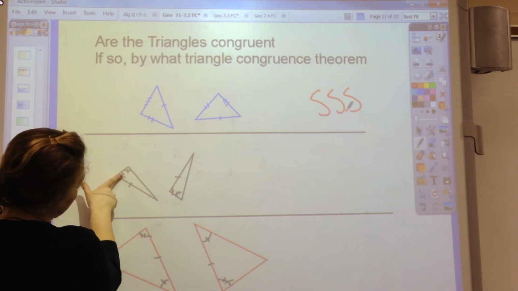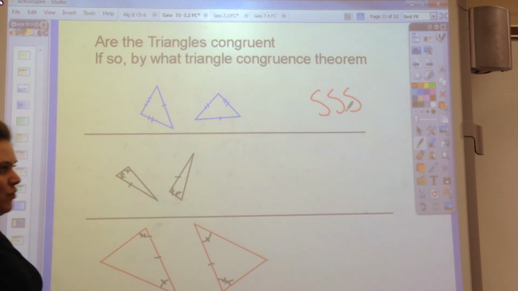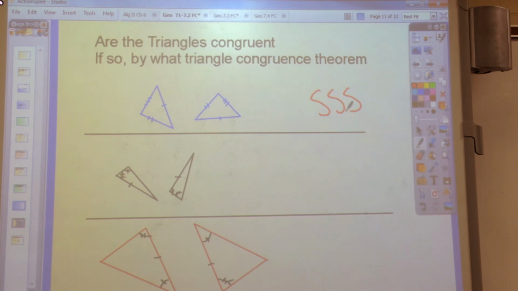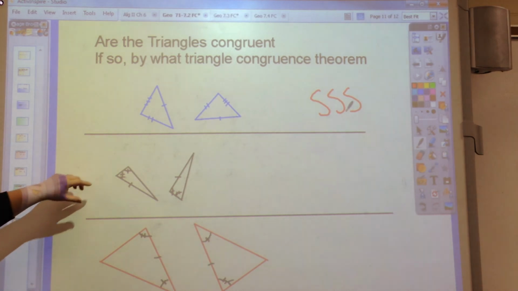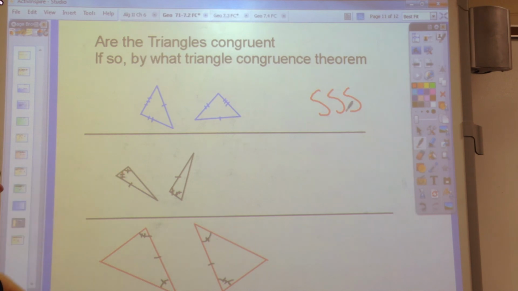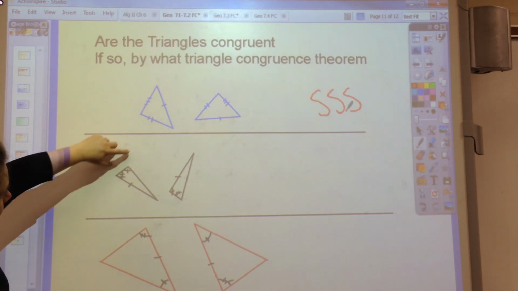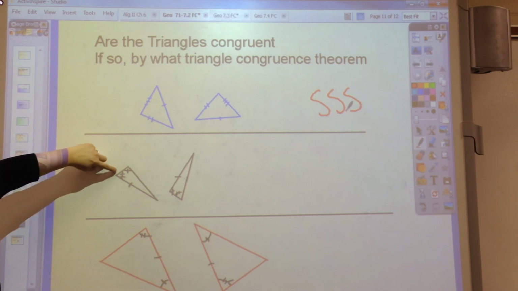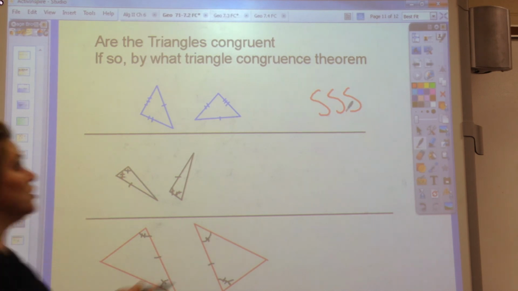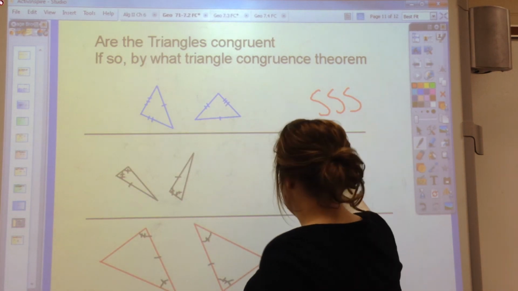Single dash mark, double dash mark, side length. Does that one work? It doesn't work because they're not in the same order. We need them to be in the exact same order. If these two were flip-flopped, then we'd be okay. We need to have double dash mark, single dash mark, side length. So this is going to be a no.